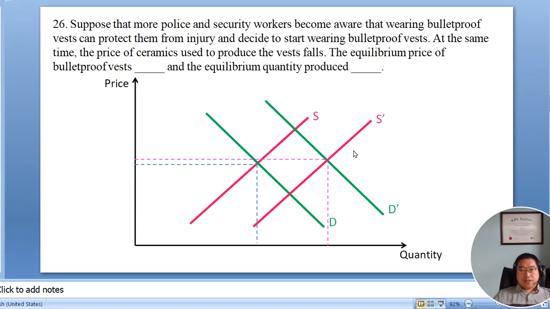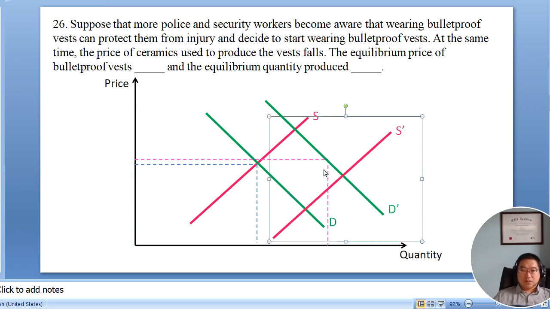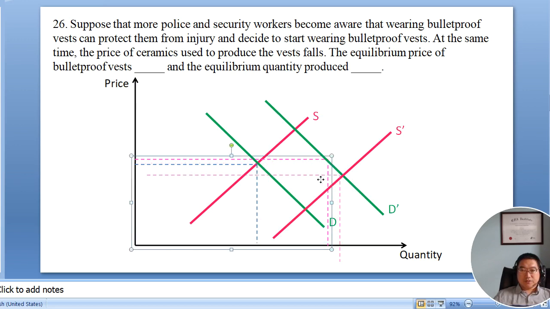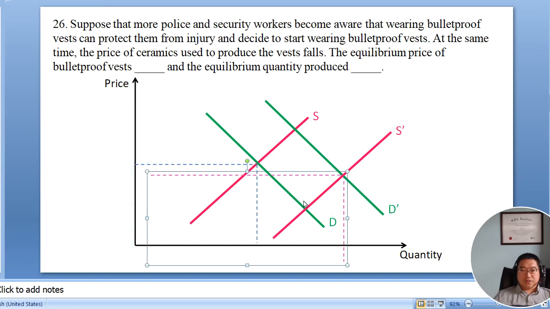Another thing we can consider is, well, maybe the supply moves out even more. Then, at the new equilibrium, we are at this point. In this case, the price actually drops a little. Price comes down a little. But still the equilibrium quantity actually increased.